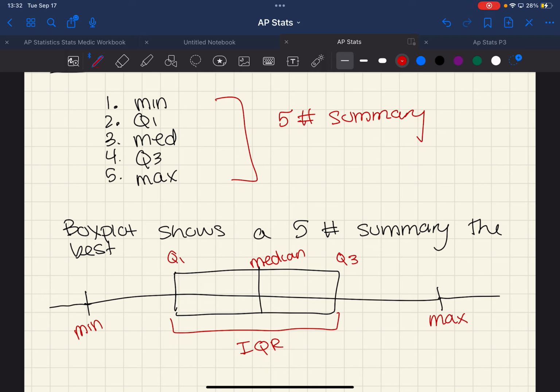Okay. These things on the side between our minimum and our IQR, this is called a whisker. Same with over here. This is a whisker. And then if we had any outliers, they would be beyond the maximum and minimum values.